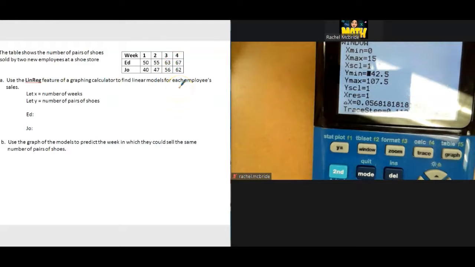So I'm going to make my y values 30 to, I don't know, 100's fine. All right, now are the 4 of you going to know how to change your window? Okay, graph.